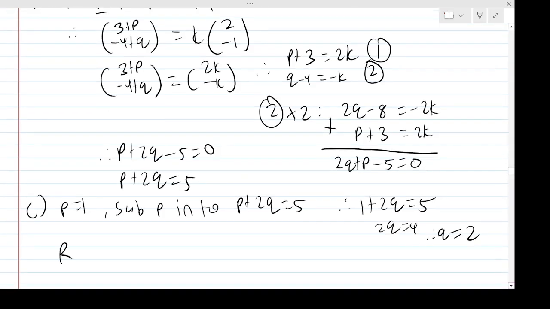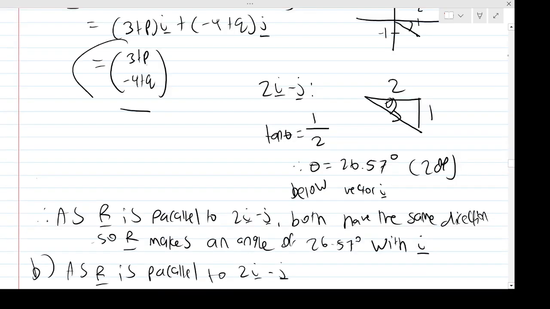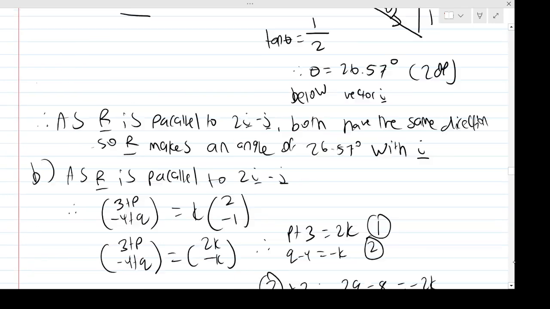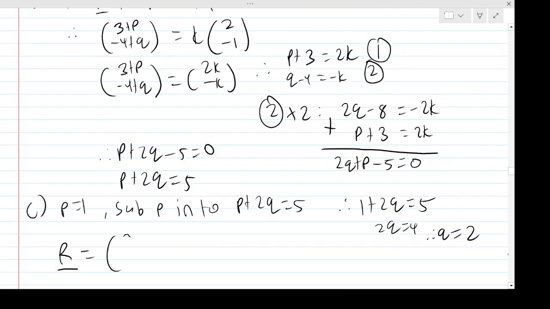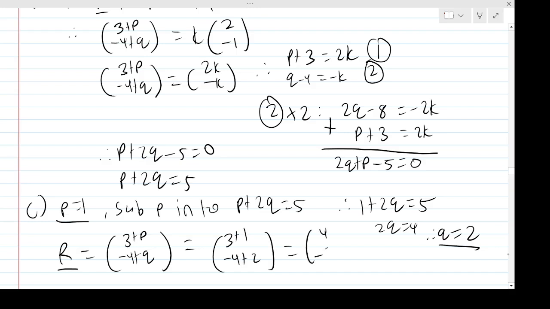Okay, then it's said to find the magnitude of R. If I remind you, the vector R, which we worked out here, is 3 add P and minus 4 add Q. And so if I put in P is 1 and Q is 2 into here, I get 3 add 1, minus 4 add 2, which would be 4, minus 2.